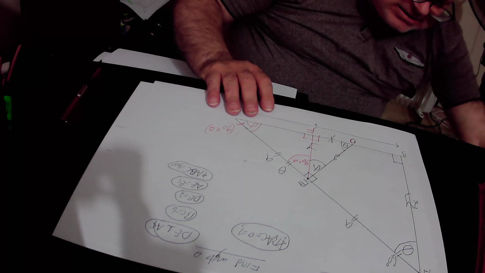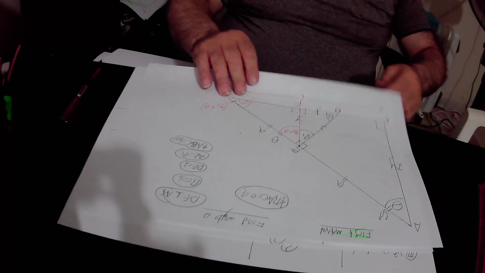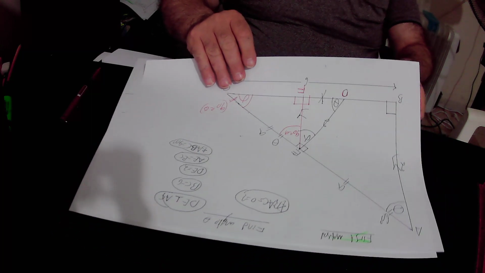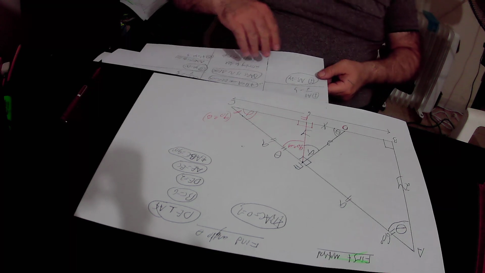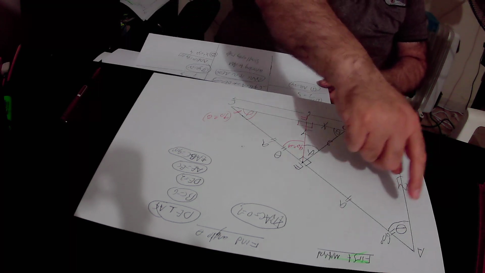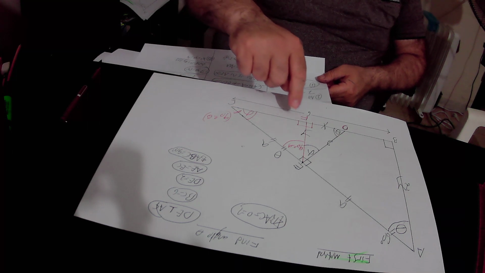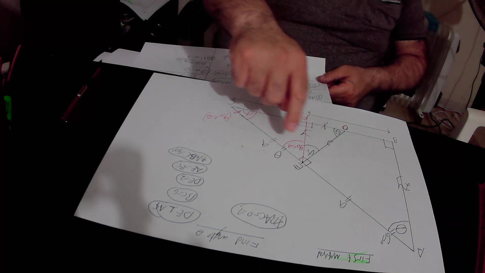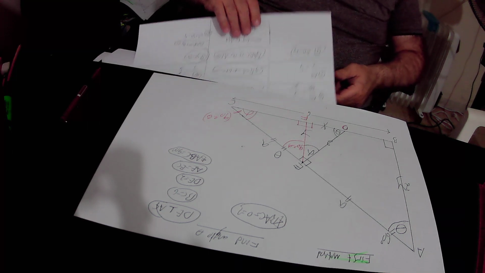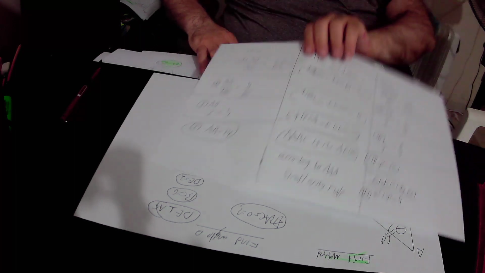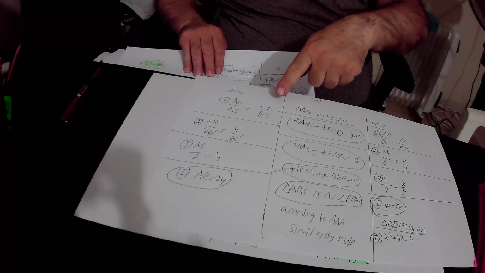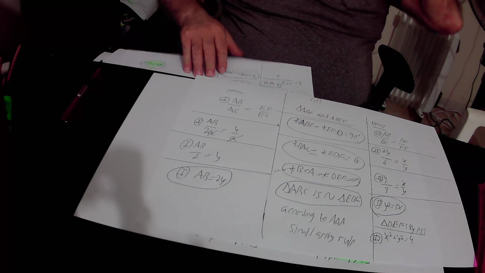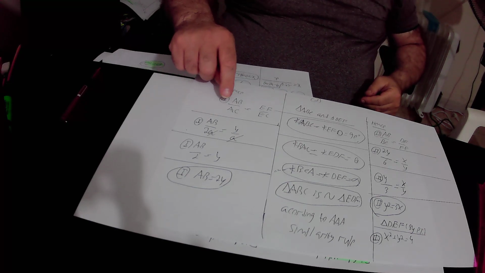And from the fact that triangle ABC is similar to the small right triangle FEC, we will derive that AB over AC in triangle ABC will be equal to EF over EC in triangle FEC. I'll repeat again, AB over AC equals EF over EC.